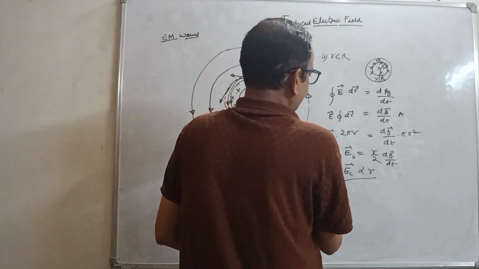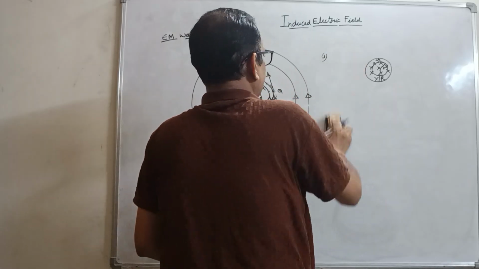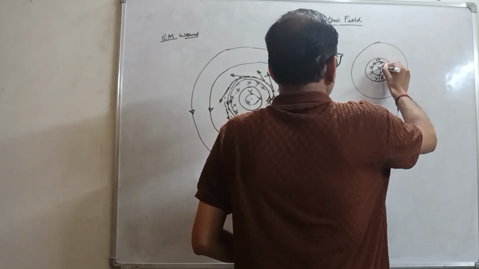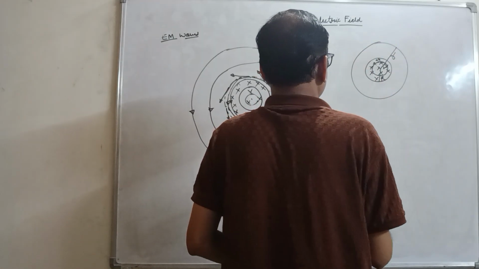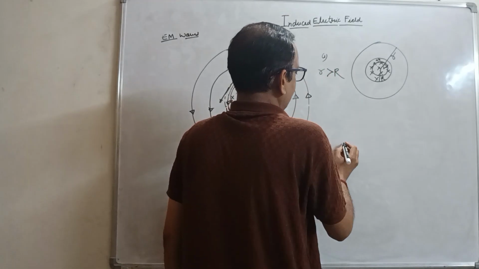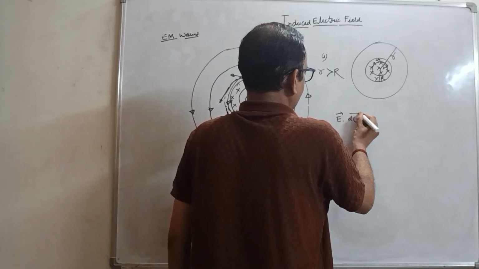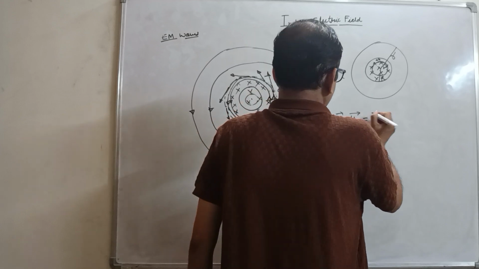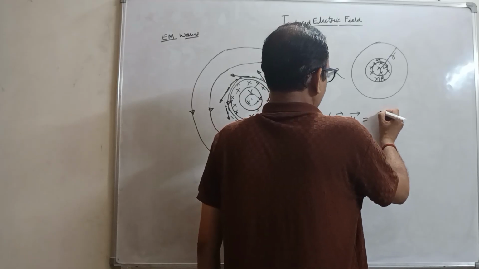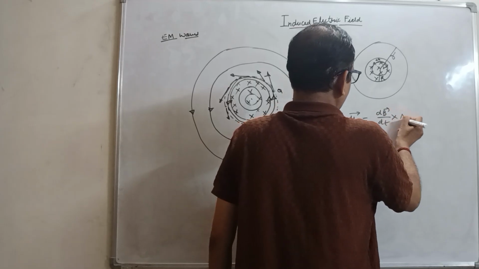For outside the region, r is greater than R. So the closed line integral of E dot dl is dB by dt into area.